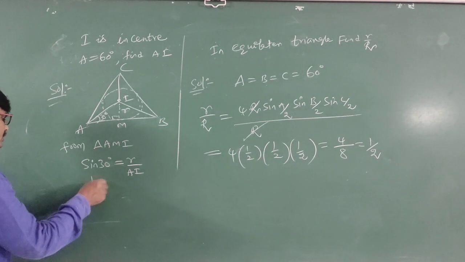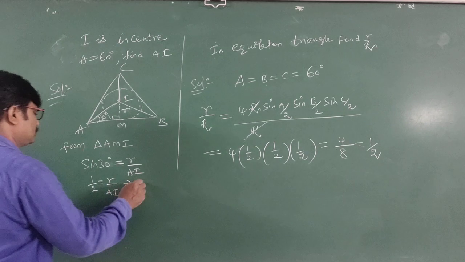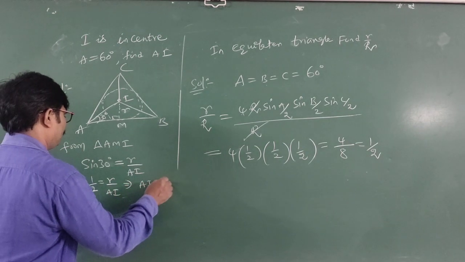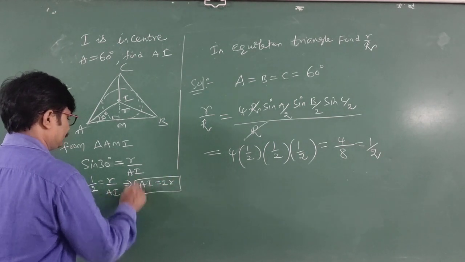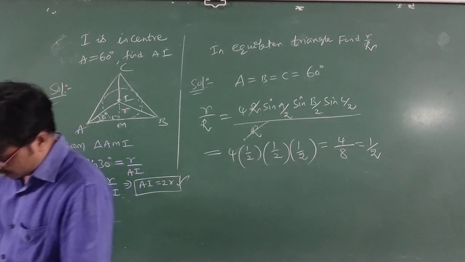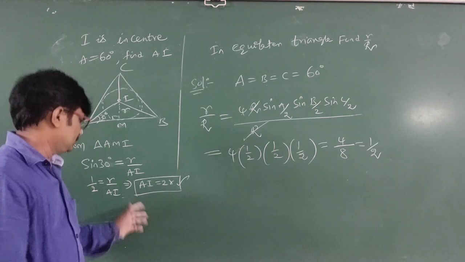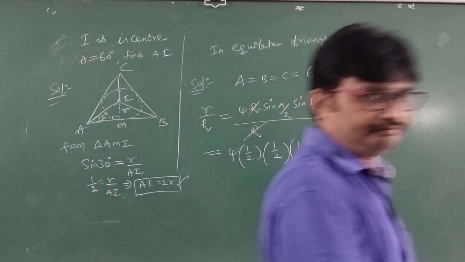This is 1 by 2 equals R by AI. So AI equals 2R. Yes. Okay students, what is AI? 2R.